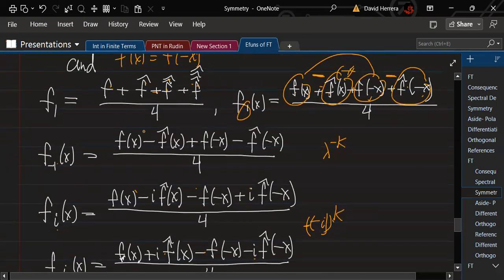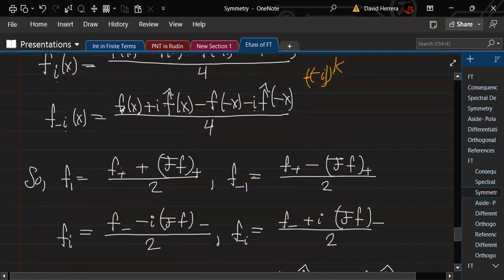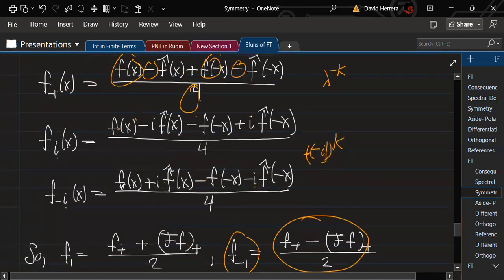f negative 1 has this again, but now there's a minus on both of these as opposed to the plus. So f minus 1 is this, but there's minus here instead of plus. For this one, fi, you have f of x minus f of negative x. So that's kind of like f minus. And then we have minus i plus i.